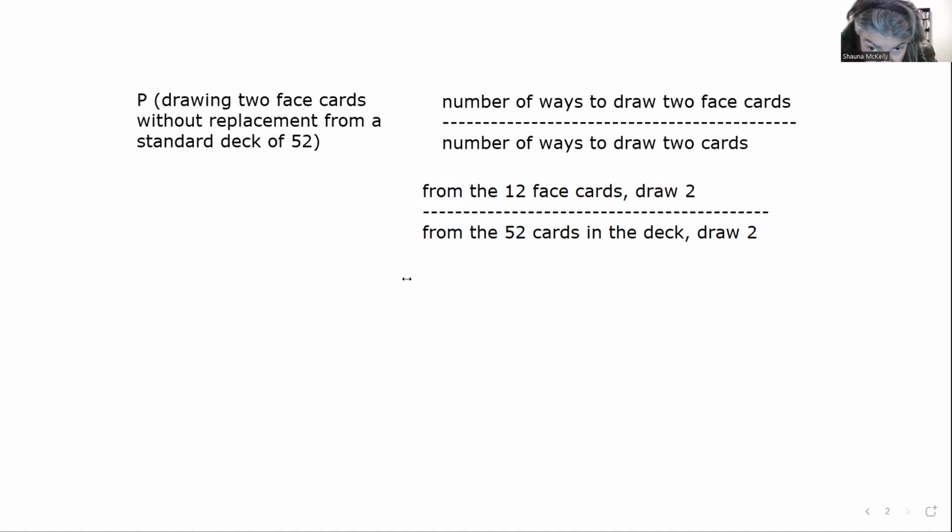Now, if I'm using combinations, then this becomes from 12, choose 2, right? From 12, choose 2. And then from 52, choose 2. Okay.